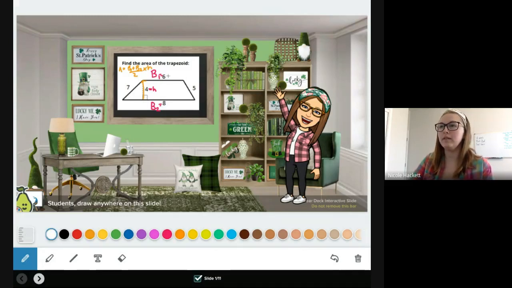So we have our two bases. Our first base is 6, our second one is 8, so 6 plus 8. And then we divide that by 2 after we add. Then we multiply by 4 because that is our height. So when we add 6 and 8 together, it's going to be 14 divided by 2.